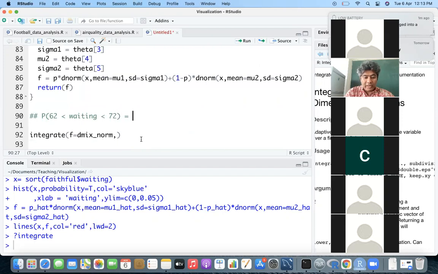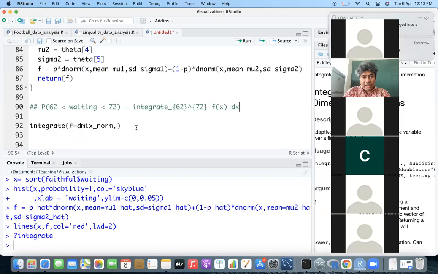I say integrate between 62 and 72, the PDF, f(x) dx. If I solve this integration, then I will get the final answer, this probability.